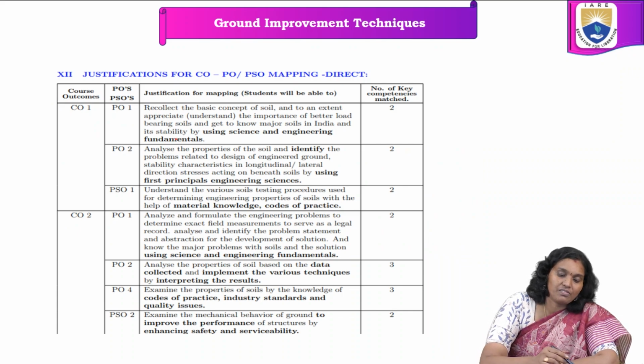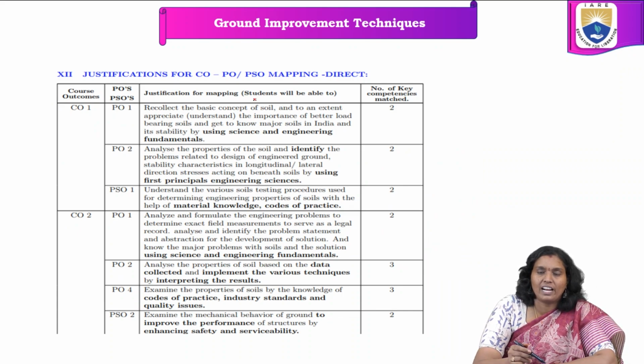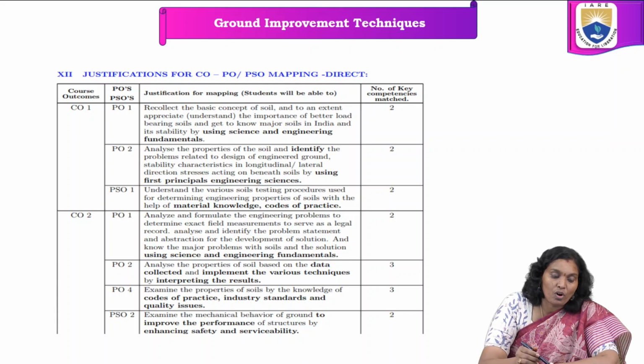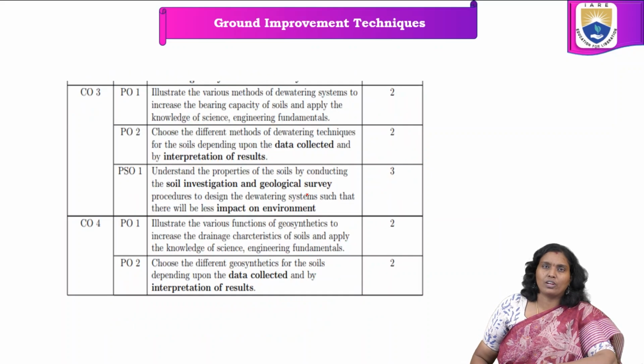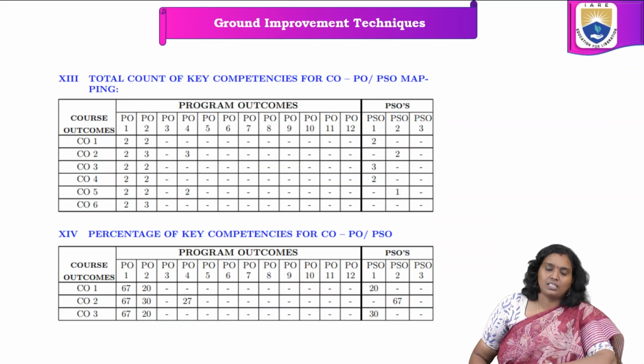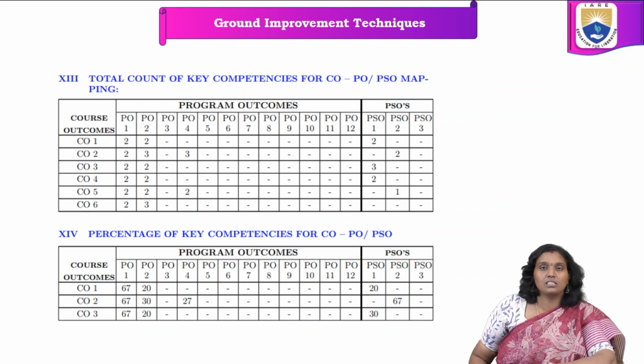In this, we are going to understand the justification. Here we have a number of key competencies for this match, which is 2. For PO1 and PO2, the key competencies are 2. For PSO1 it is also 2. According to that, we are going to analyze all 6 COs with our POs and PSOs.